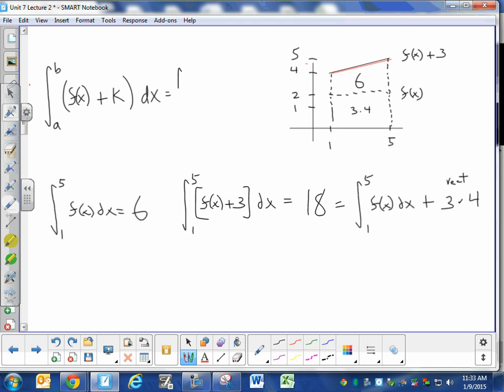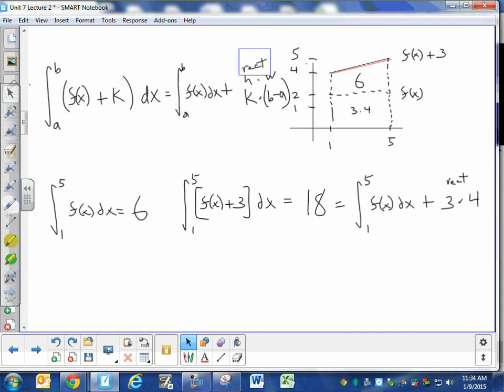So it would be my area from a to b of f of x plus I would have a rectangle with a height that is k times a width that would be the length of the interval, which is b minus a.